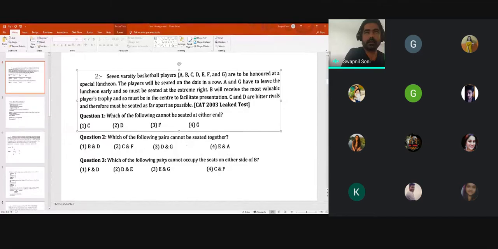I cannot have these two because they are just next to each other. Extremely far means the farthest they could be. So you can have C over here and D over here, or D over here and C over here.